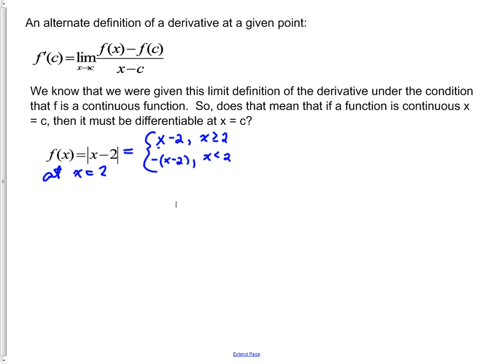All right. So we look at this function right here, and now let's evaluate this limit at x equals 2. So we're going to say c is 2 for the purposes of our definition up here, and try and find that derivative.